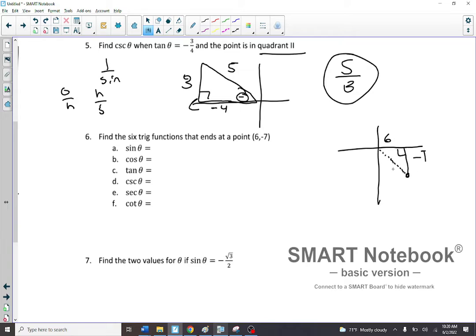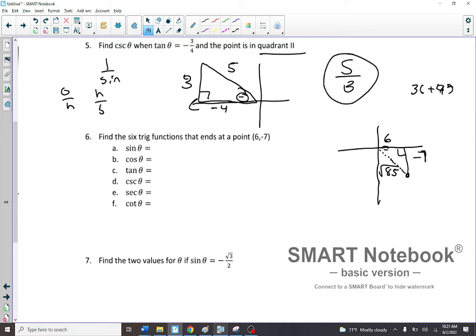Here's a right angle, so we should find the hypotenuse to help us out. 6 squared plus 7 squared is 36 plus 49, which is 85. So the hypotenuse is the square root of 85.